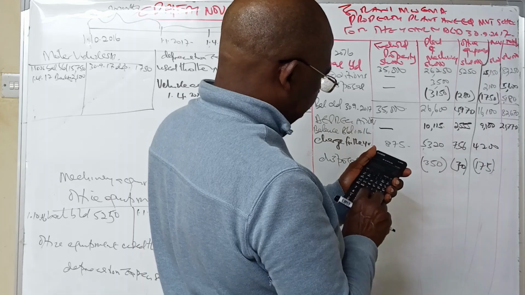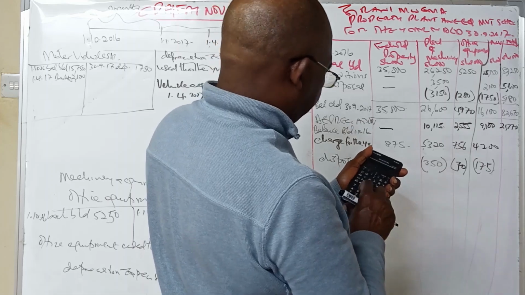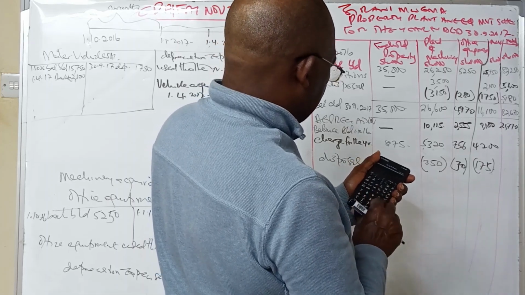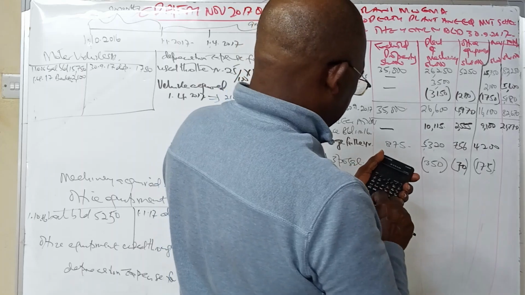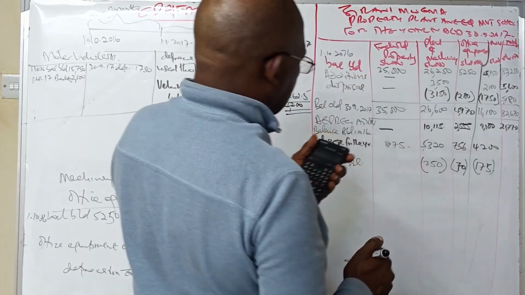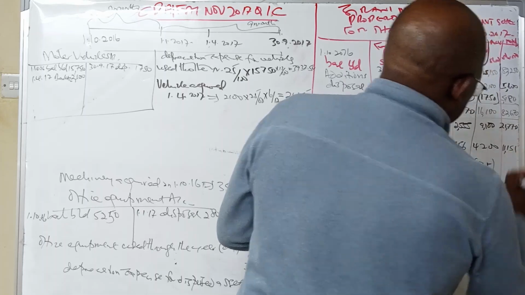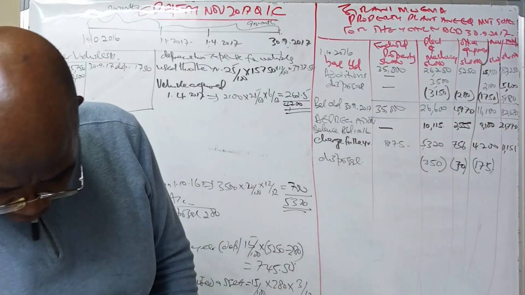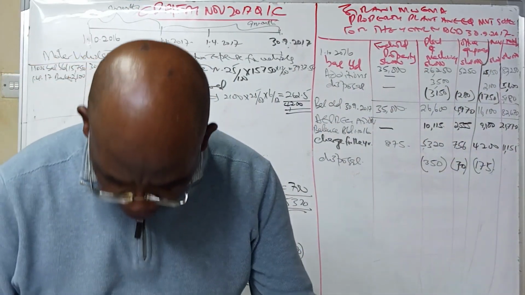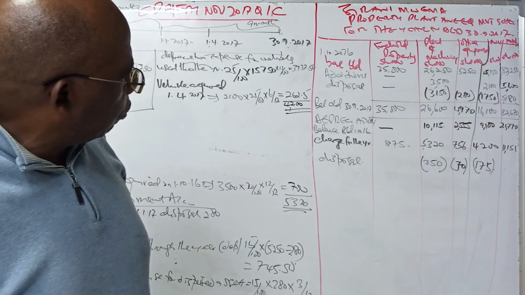And then we add all the depreciation charges for the year: plus 756, plus 5,320, plus 875, we get 11,151. Our total charge for the year becomes 11,151.